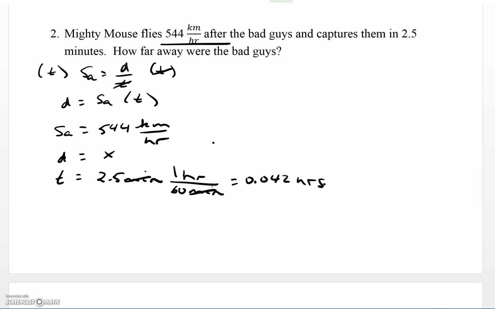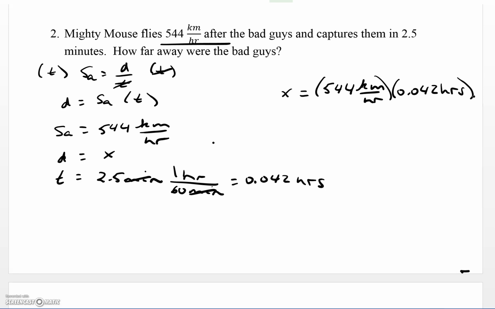We're going to go back up and plug in our variables. For distance, we'll plug in x. For our average speed, we'll plug in 544 kilometers per hour. And for our time, we'll plug in 0.042 hours.